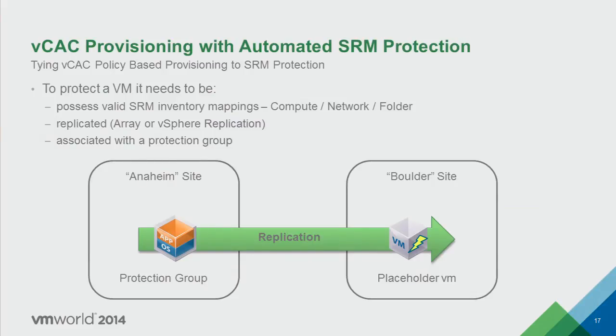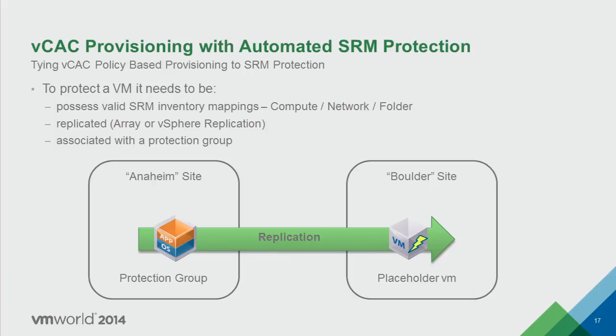So when we go through the demonstration, I'll go through some of the detailed configuration steps to set this up. But there's a few prerequisites that need to be in place. If you want to protect with SRM, you have to have SRM installed for a start. But you need to have things like the inventory mappings configured as well, so have valid inventory mappings for the compute, network, and folder items. And also, the VM that you provision has to be replicated.